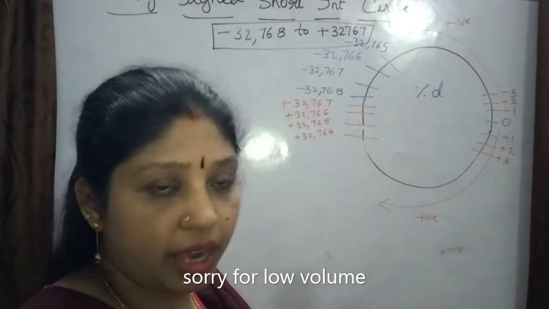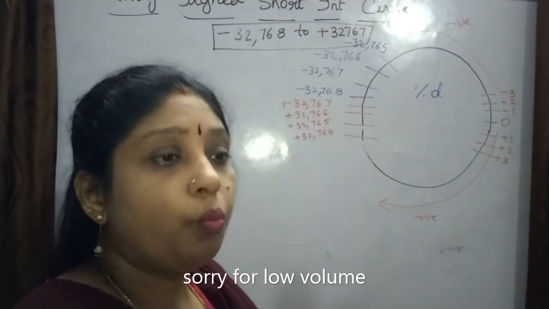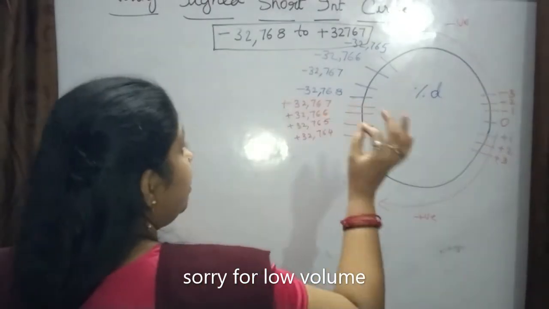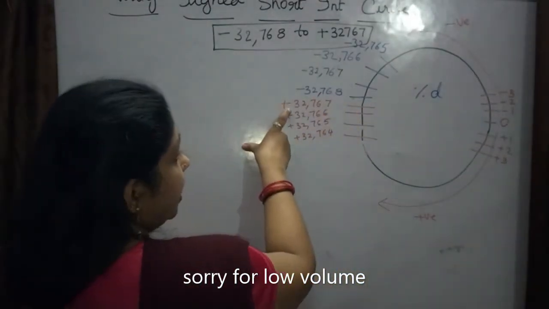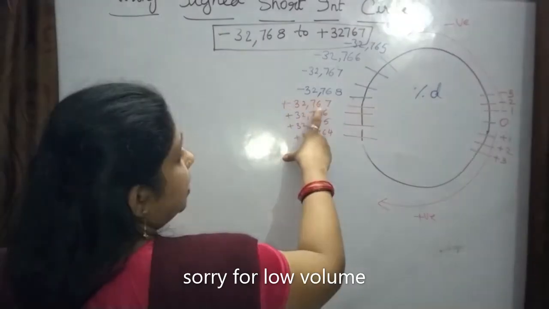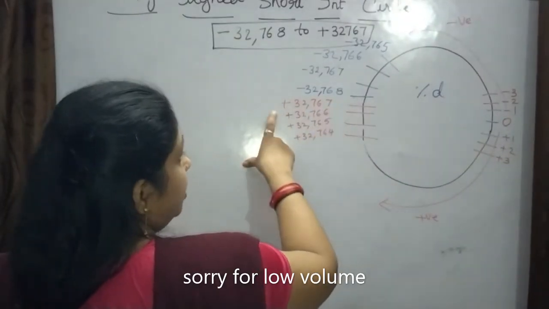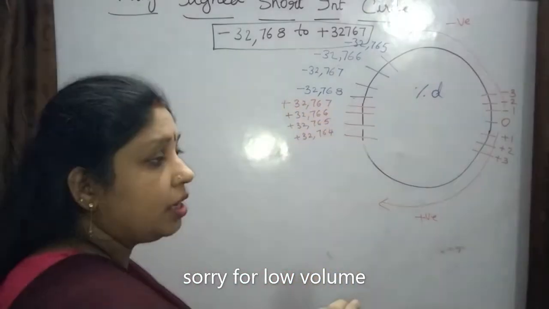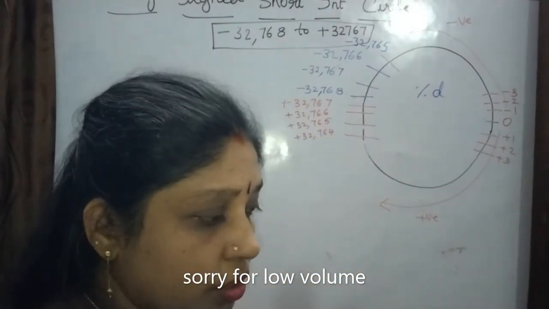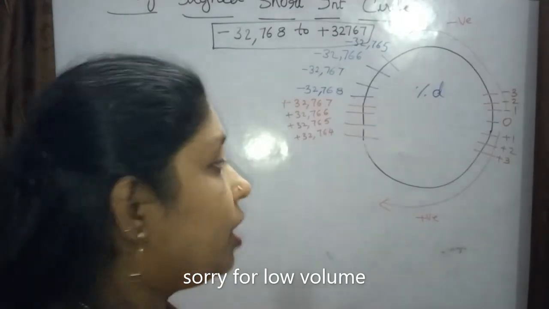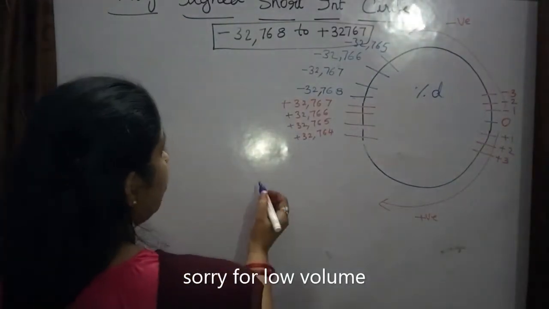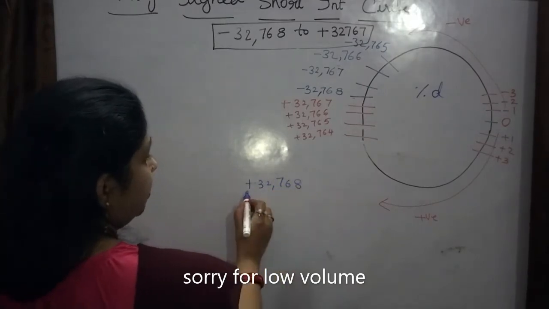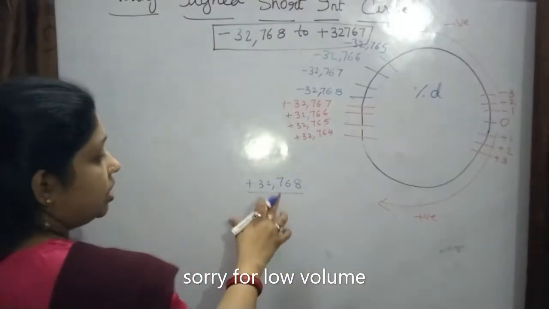the values are assigned. And what I said, you cannot give more than 32,767 positively. If you go beyond plus 32,767, you cannot go beyond that. That means you cannot give 32,768 because this value is not there here.